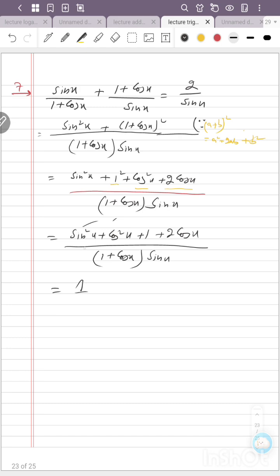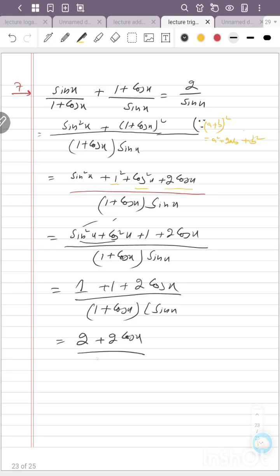We have to know that sin square plus cos square will be 1. Okay, plus 1 plus 2 cos x, over 1 plus cos x into sin x. 1 plus 1 will be 2, plus 2 cos x.